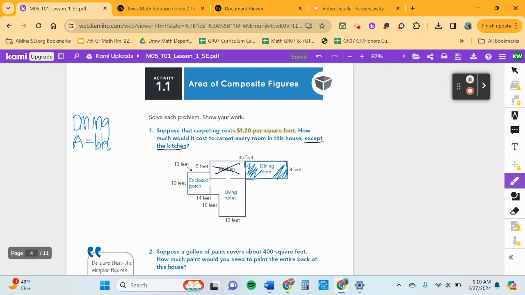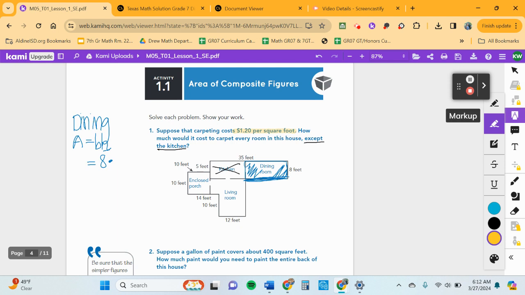Now I need to actually find the base and the height. So I can see the height is labeled for me. That is 8, the height, times, or instead, let me put a dot. Multiplication, there we go. Times our base, which we don't know because it's not labeled, but we can figure it out.